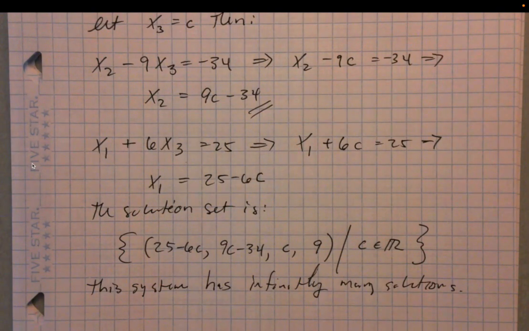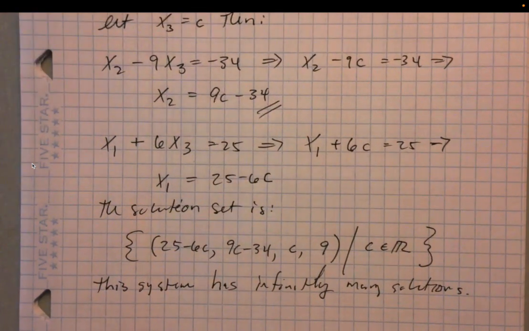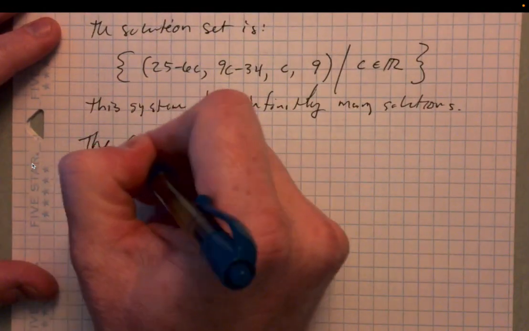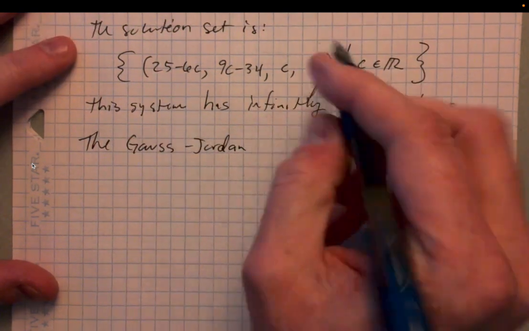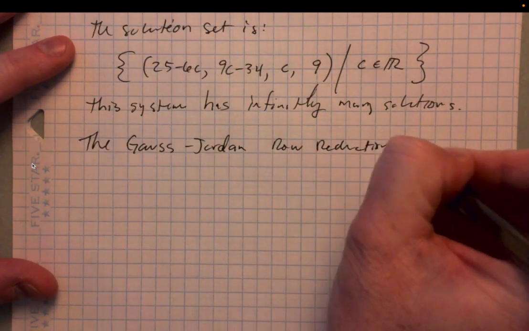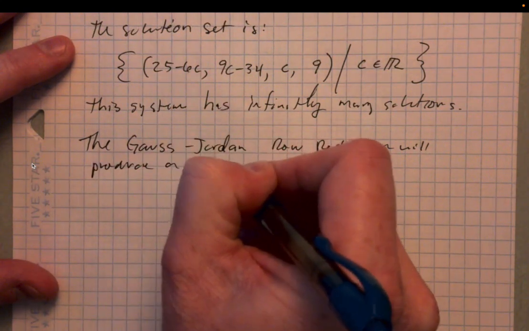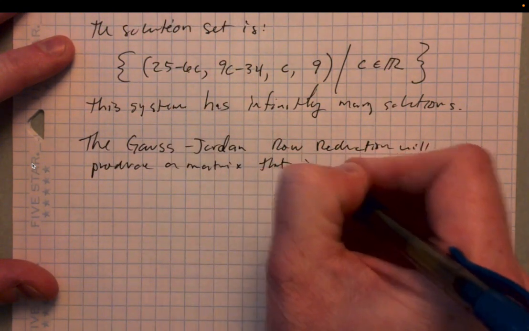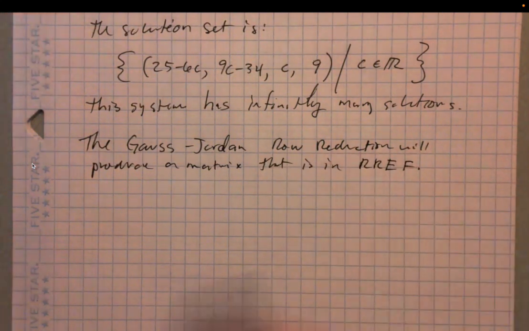This Gauss-Jordan row reduction, taken to completion, will produce a matrix that is in reduced row echelon form, RREF.